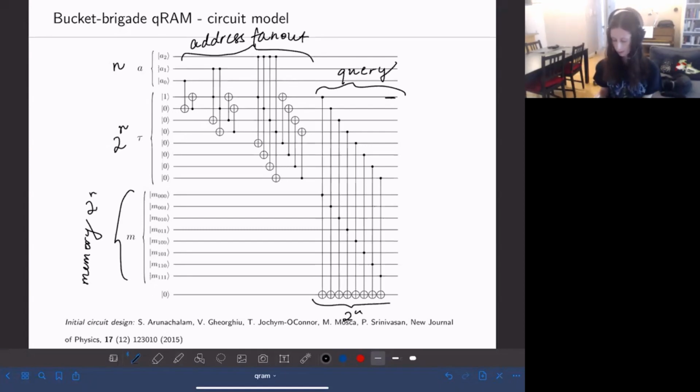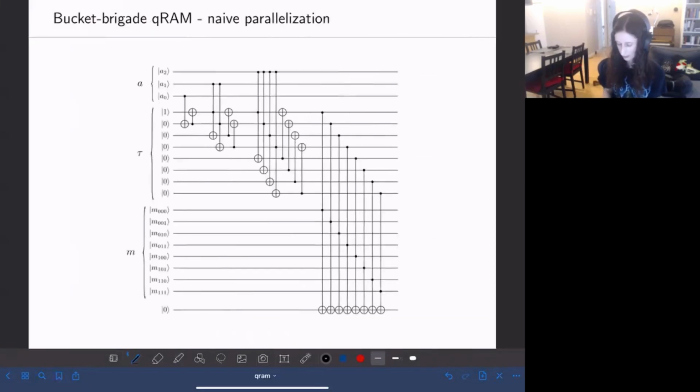So the scaling of this is bad. Something like 2 to the n by 2 to the n. But this can be improved on using parallelization. So what you could do is, all of these Toffolis that happen sequentially, maybe we add in some extra qubits, change things so that we do all the Toffolis at the same time, and then perform some sort of parity calculation to actually do the output, rather than doing all the Toffolis one after another.